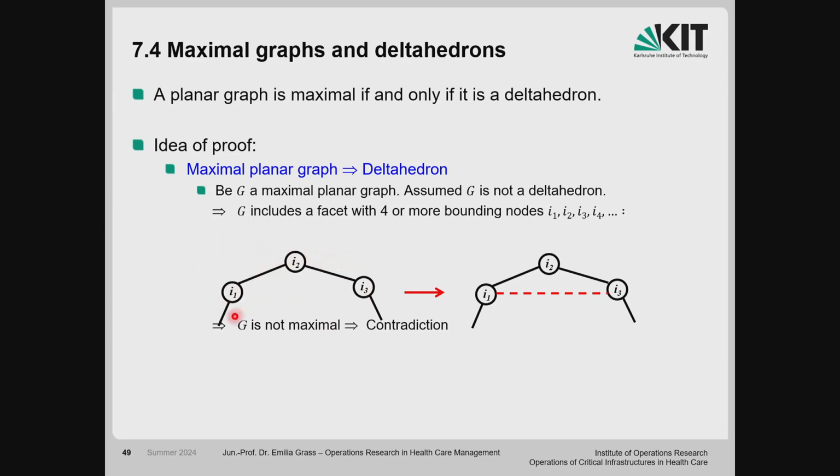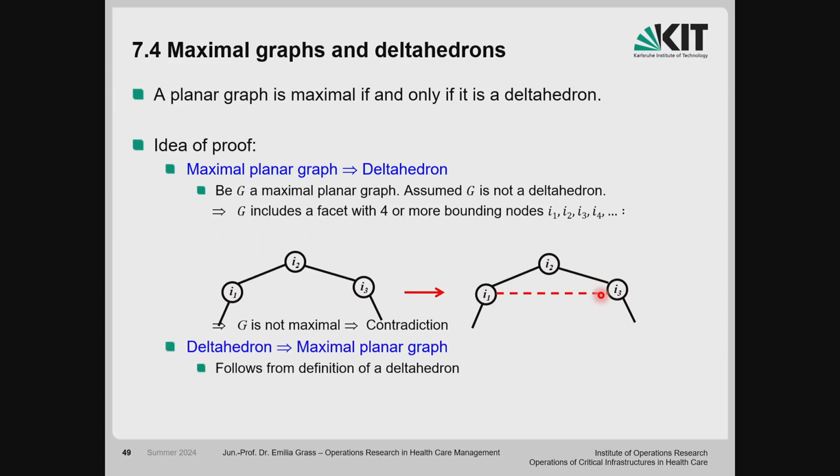So you have 3 here and then it goes further. That means this is a maximal planar graph, but it's not a deltahedron. As soon as you draw this line over here, you get this triangle, and it's not maximal anymore. This is basically the idea of it.